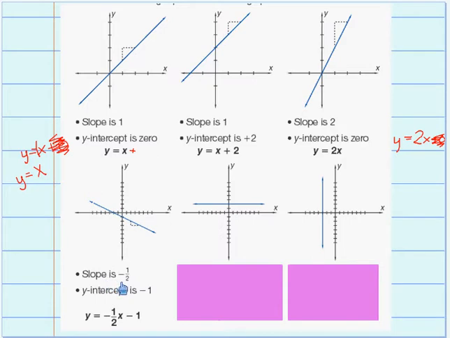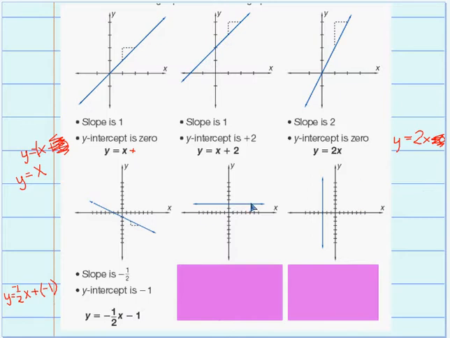So we have slope of -1/2, a y-intercept of -1, and when we put that all together, y equals your slope x plus your y-intercept. But again, since our y-intercept is negative, we put -1. Okay, and we've talked about that, where this is really the same thing as x plus a -1, but we don't have to write it like that. This -1 becomes the subtraction sign, and that's fine.